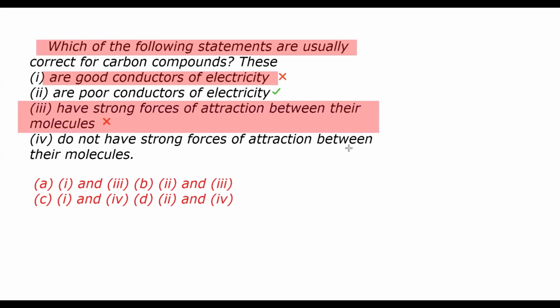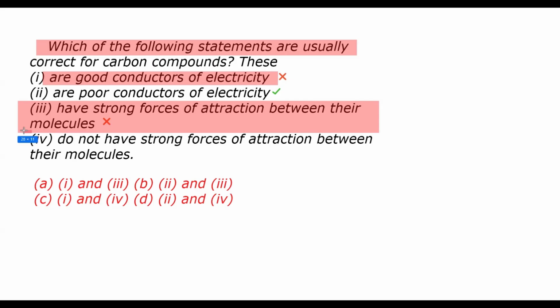I repeat, they are saying that carbon compounds have a strong force of attraction between the molecules, which is false, as you know that the bonds formed are not between ions, and the bond is weak over here. So they have a weak force of attraction.